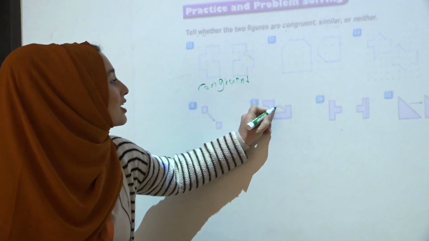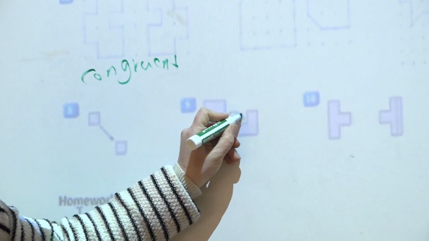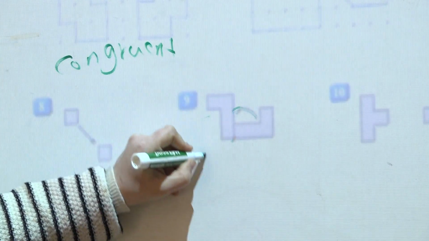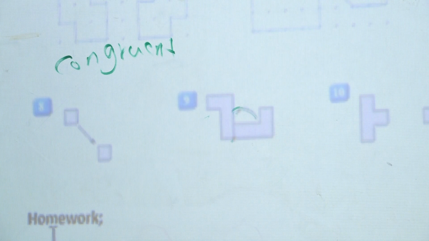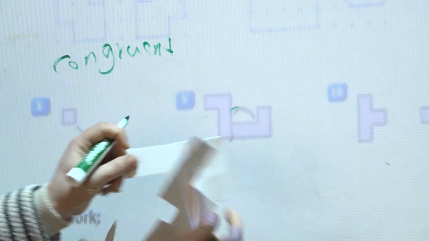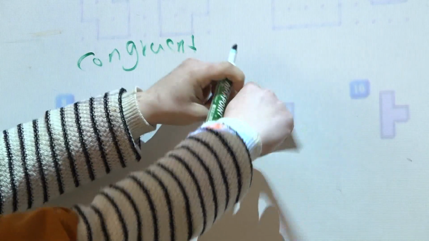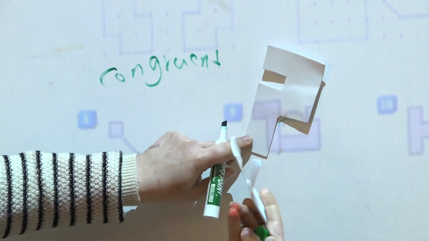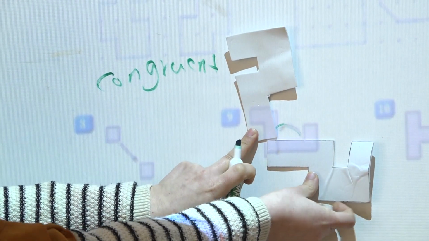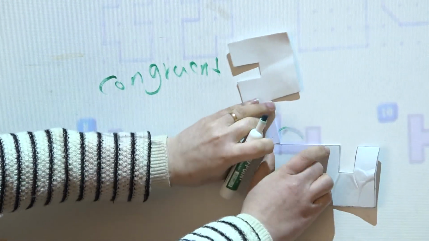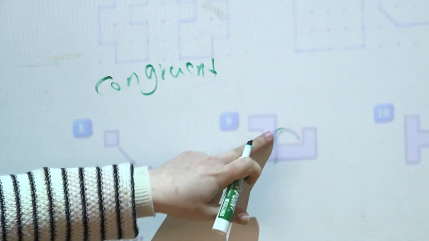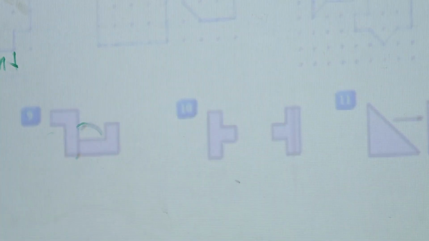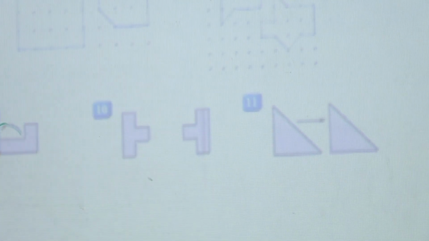When we turn this one like this and stop at this side, it's rotated. This is called a turn. So what is this one? A flip. And this one is the same, only a slide.